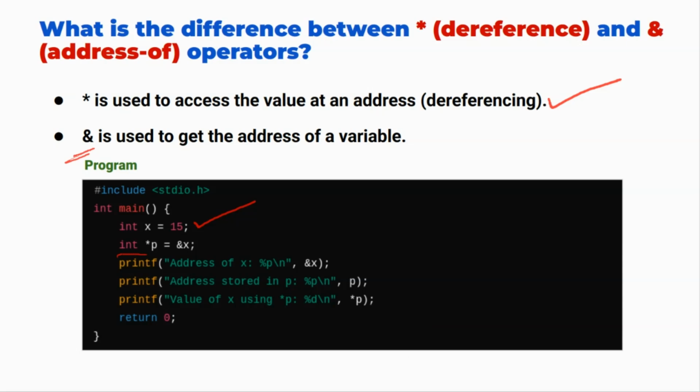Then we have this int *p, it is a pointer, and the address of x is extracted using the address of operator. So int *p equal to &x means we are assigning the address of variable x to p, and to print the value of x using the pointer we use this * operator again. So *p will give the value 15 here, and this is called dereferencing.